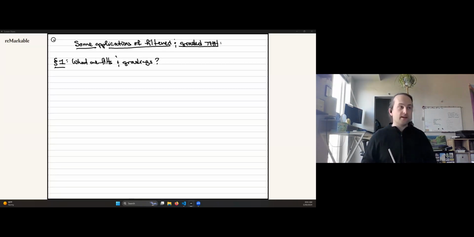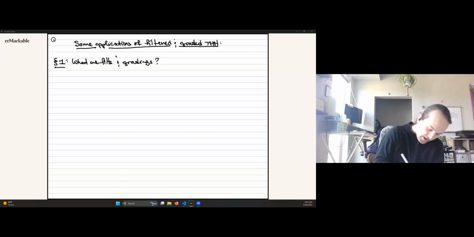Maybe the most canonical examples of filtrations that you run into in homotopy theory is probably taking the Postnikov or Whitehead tower of spectra.